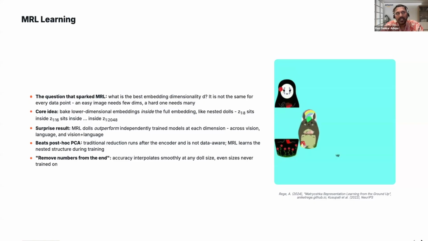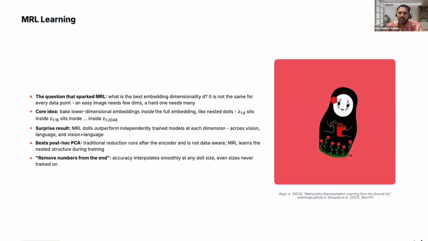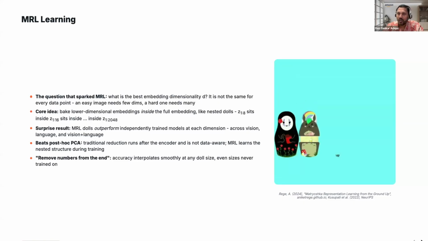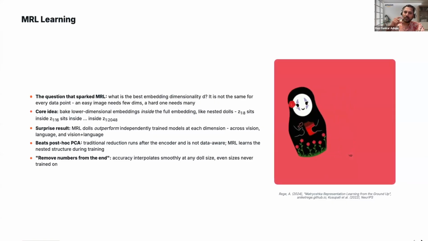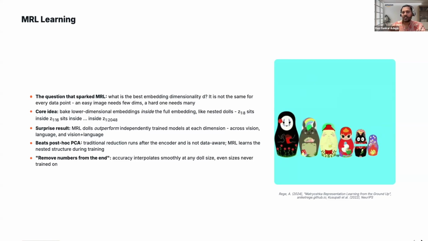So why commit to a single size, right? The MRL idea is to bake smaller embeddings inside the full one, like these nesting dolls. The first 8 dimensions are valid embeddings. The first 16 dimensions contain those 8 and more. And the first 32 contain the 16, and so on.